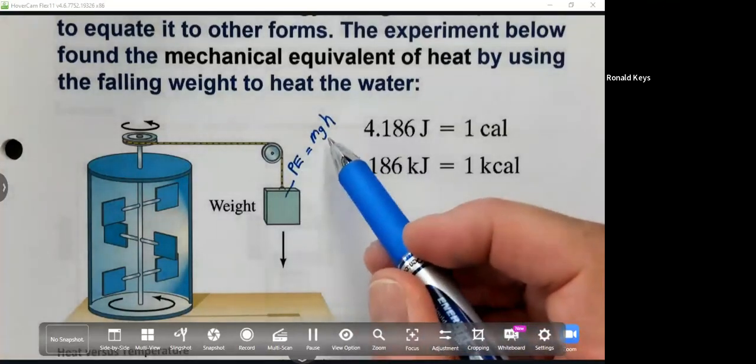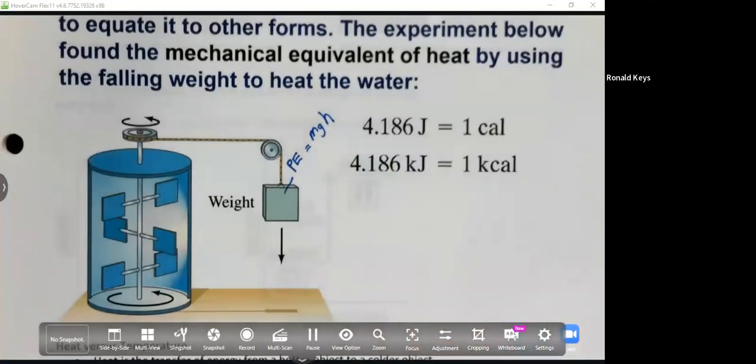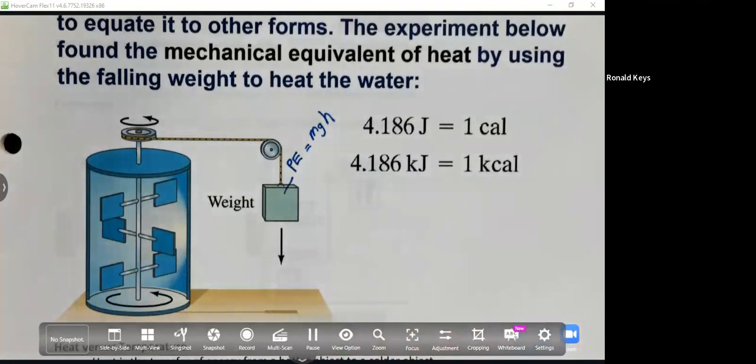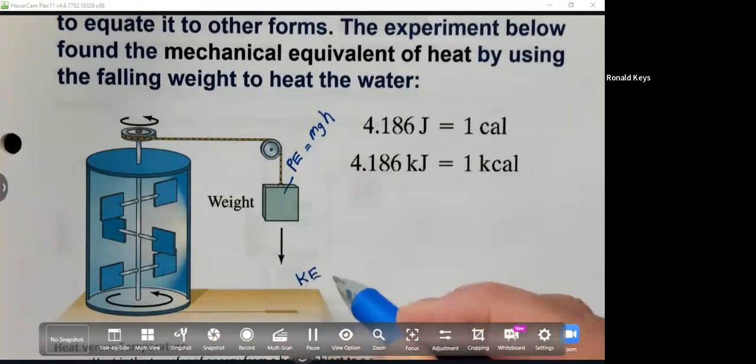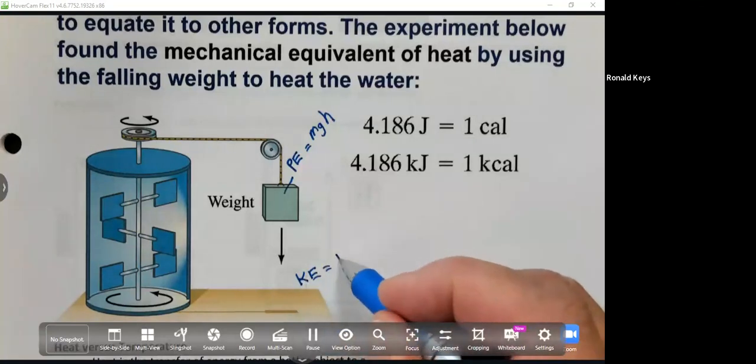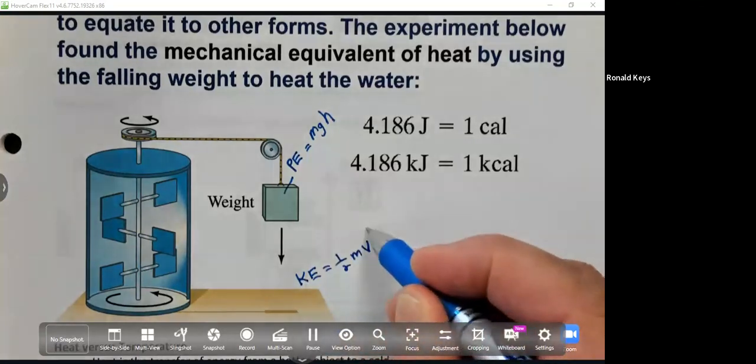For those of you who've had some physics, that should look familiar. Then all of this would be transferred to kinetic energy at the bottom, right before it hits, 1/2 mv squared.